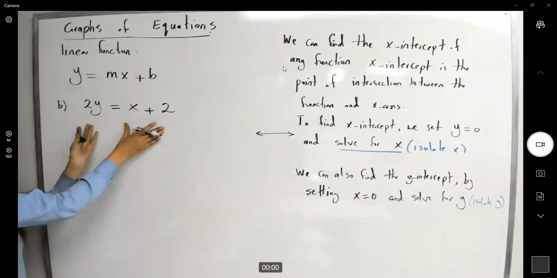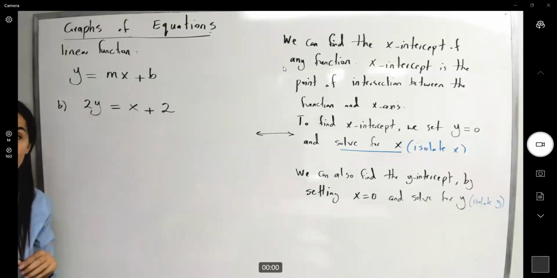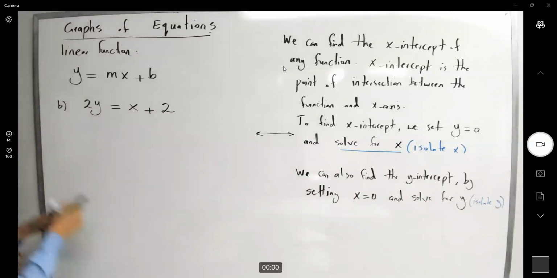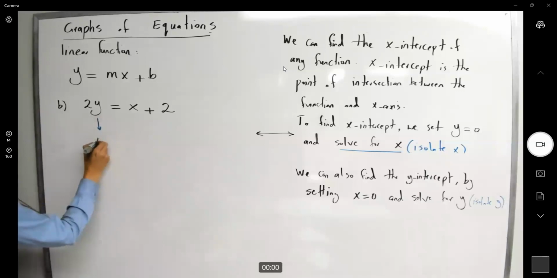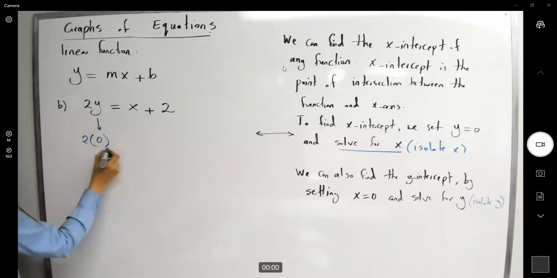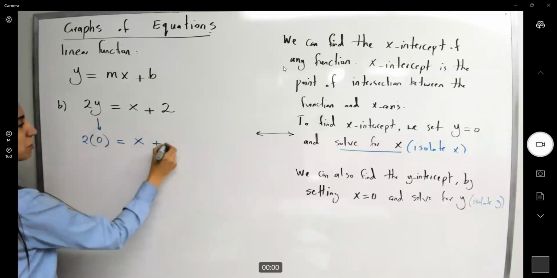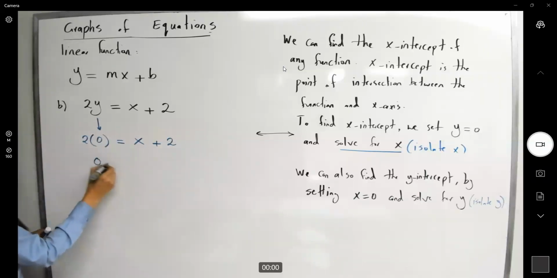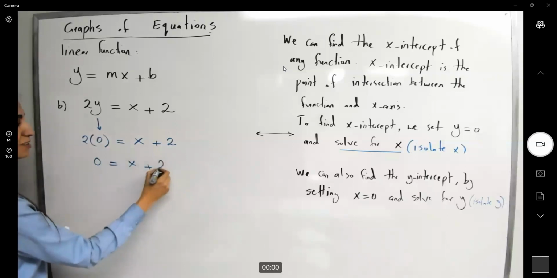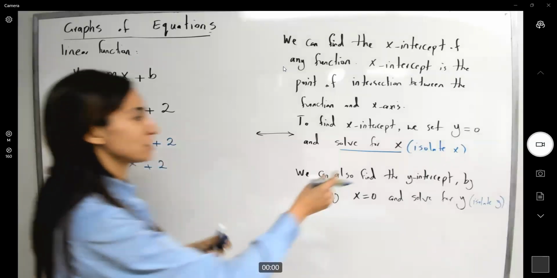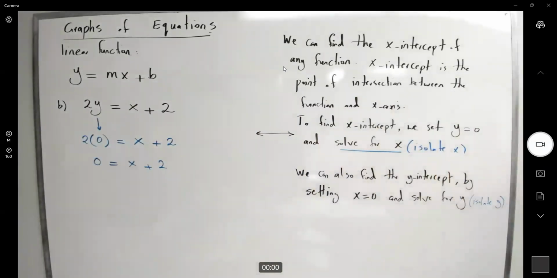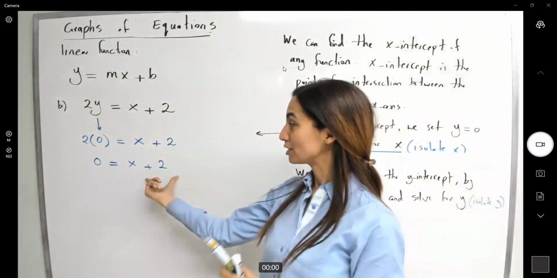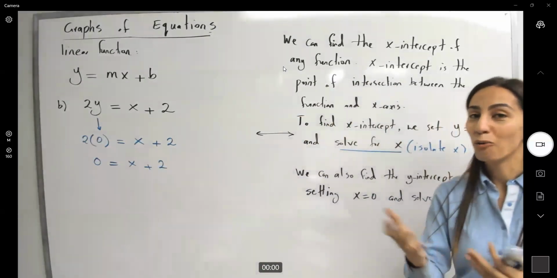To find the x-intercept, you need to set y equal to 0. So y is equal to 0. It means that 2 times 0 is equal to x plus 2. On the left-hand side, 2 times 0 is just 0. So 0 is x plus 2. We need to isolate x on one side, but you have plus 2 attached to x. What are we going to do?